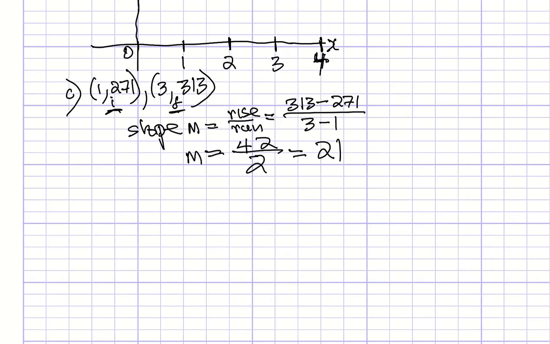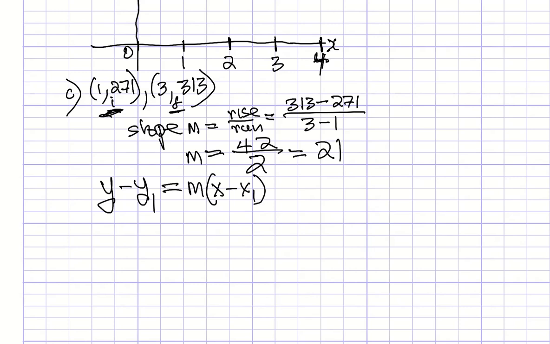M, slope, is 21. So once you get there, you can use any point. We can use the first point or we can use the second. We use the first point. Remember what they call point-slope form: y minus y1 is equal to slope times x minus x1, okay?